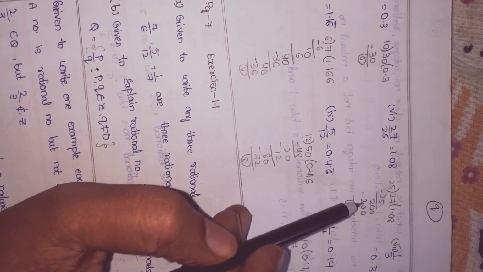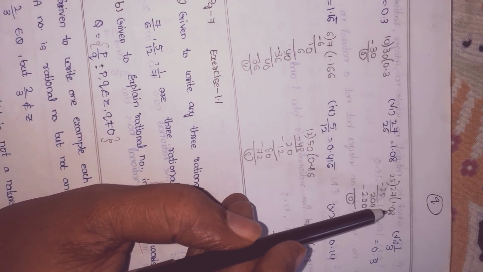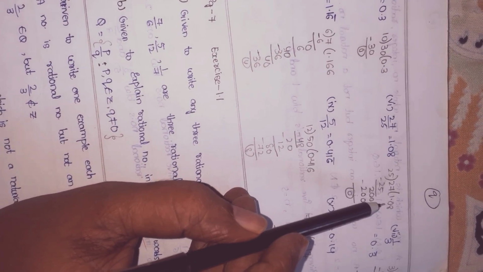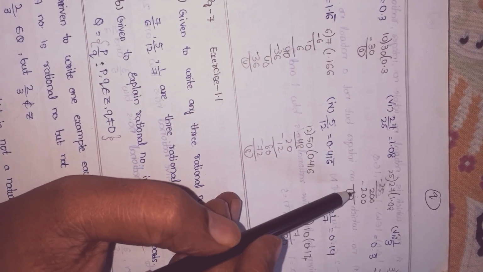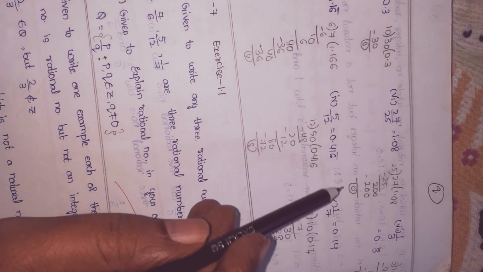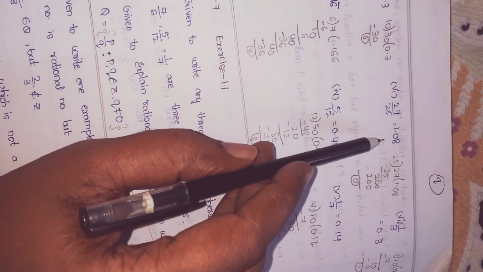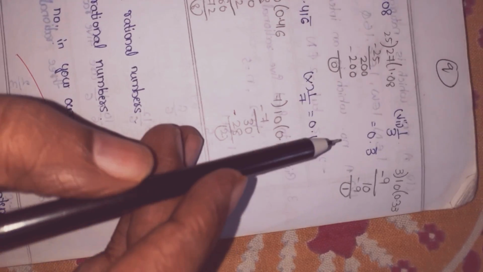Keep the point, means it becomes 20. 20 is not possible, children. Again keep 0 here. Means here also keep 0. So 25 8s are 200. 200 minus 200 is 0, children. So what is the decimal? 1.08.